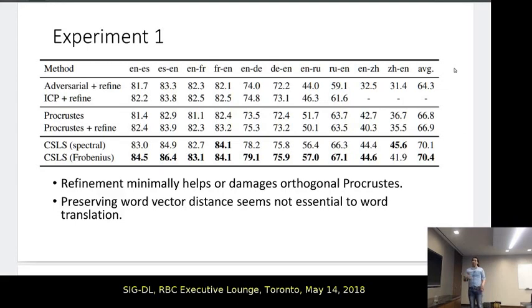So that's the idea behind ICP. And Procrustes, we talked about, it's a combination of linear functions that map the distributions, and also a plus refine. So we see that, and we have the spectral and Frobenius methods that we talked about. We'll see that almost all of them, well, actually all of them, direct CSLS outperforms the other methods. I think the average was like 3% or something.